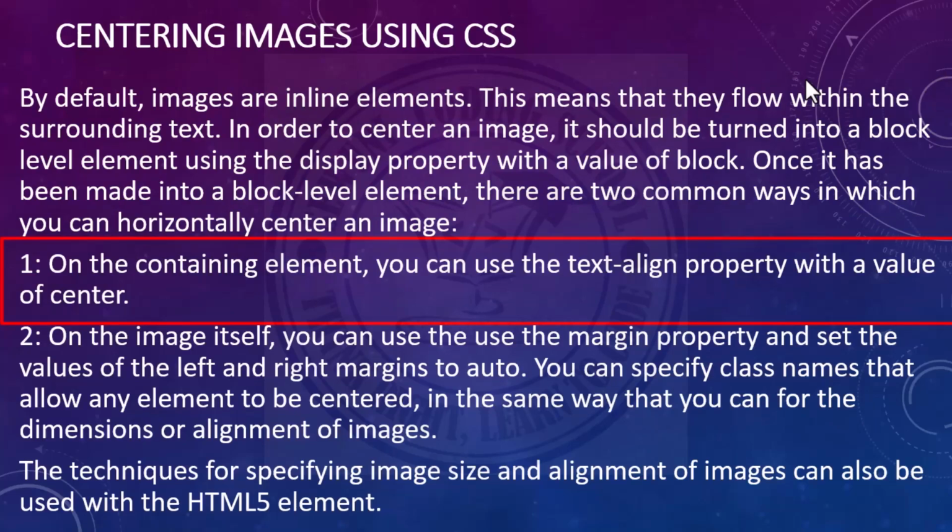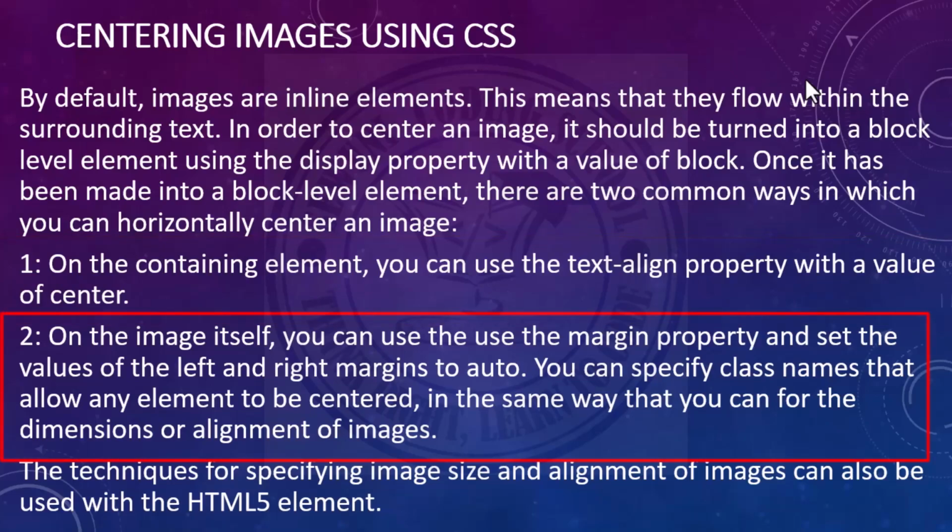or on the image itself, you can use the margin property and set the values of the left and the right margins to auto. You can specify class names that allow any element to be centered in the same way that you can for dimensions or alignment of images, which we have already looked at.